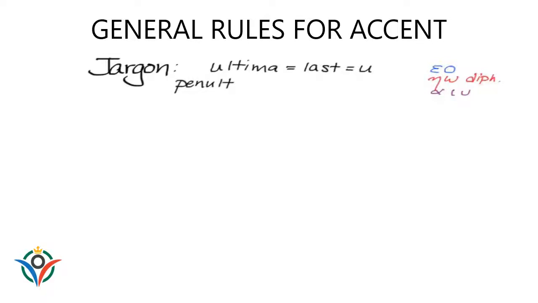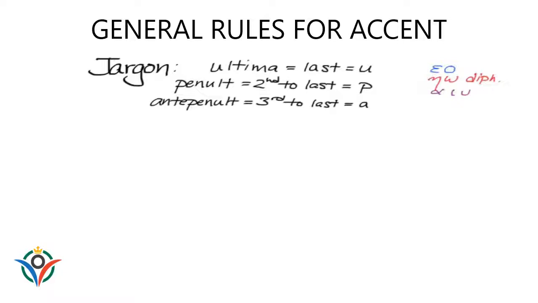Then penult, which is short for penultimate, which is Latin for second to last, and we'll use a P to represent it when we're talking about the second to last syllable. And antepenult, which is a shortened form of Latin for the one before the second to last, or third to last, and that will be an A to represent the third to last syllable.